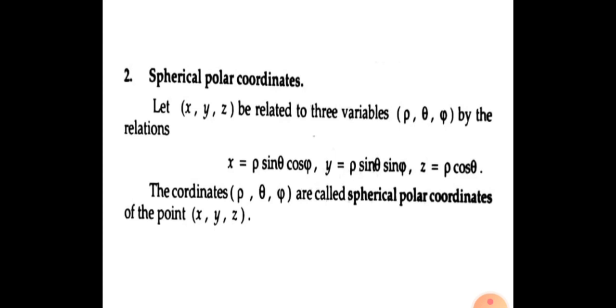That means after taking x is equal to rho sin theta cos phi, y is equal to rho sin theta sin phi, z is equal to rho cos theta, we get a new function denoted by phi of rho, theta, phi, in terms of rho, theta, phi.